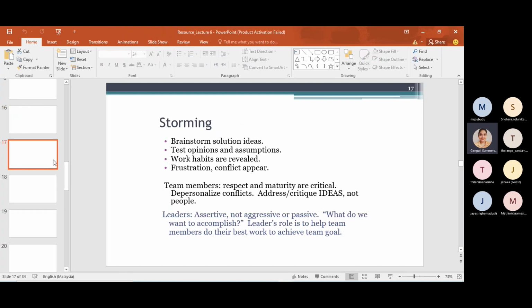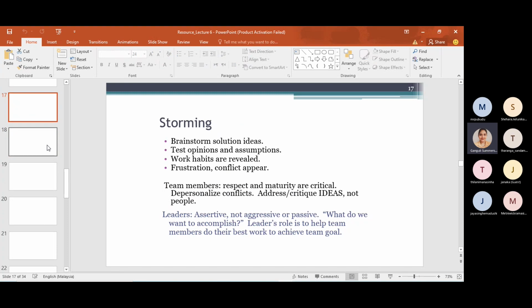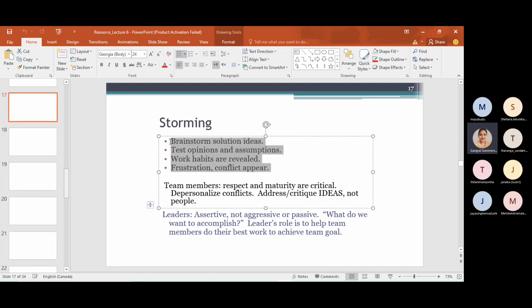Now we can move on to the next stage, which is the storming stage. Let's see what is happening in the storming stage. These are the things that happen in the storming stage. The storming stage is the stage in which you brainstorm your ideas. Everybody is expressing their ideas and their solutions.